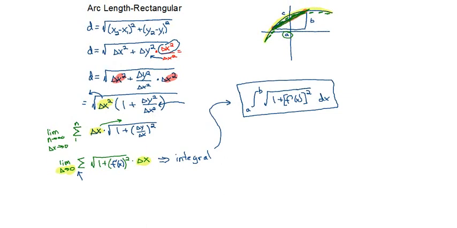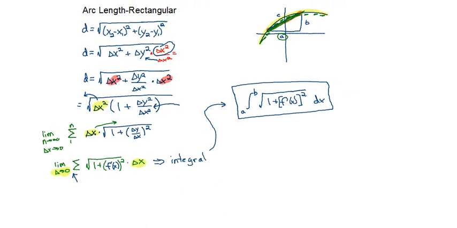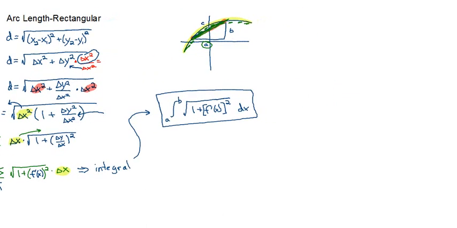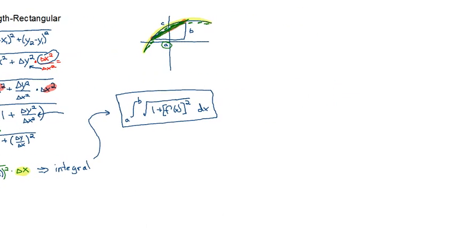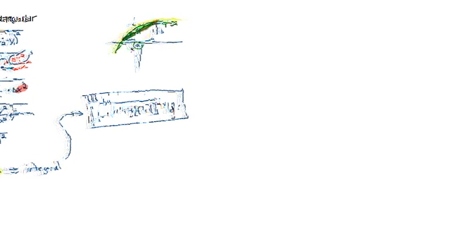I wanted to do one more thing with this. One of the examples in your book is a good example, example number 2, but it has a lot of tricky algebra, so I want to go over that to make sure you understand what's happening there. So we'll scroll over to the side here.